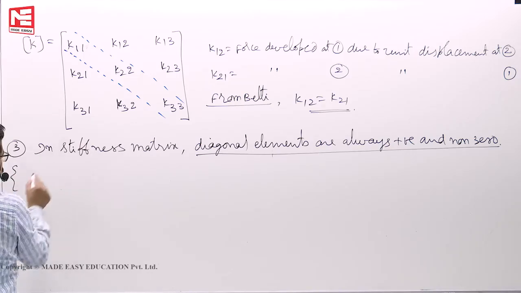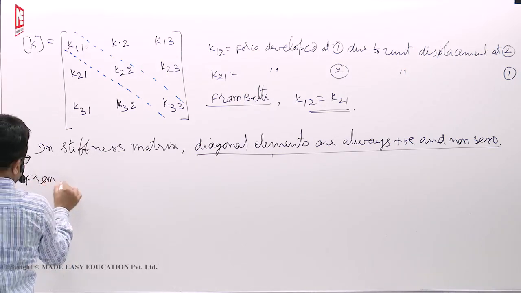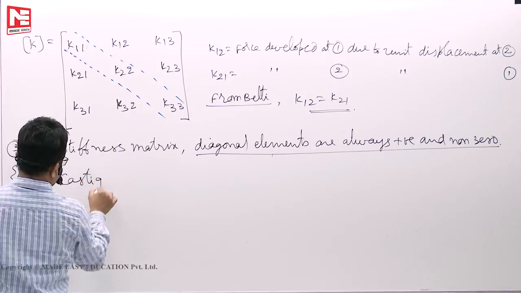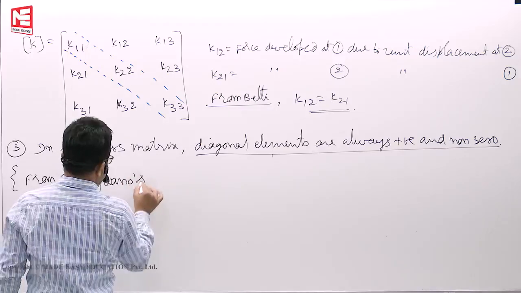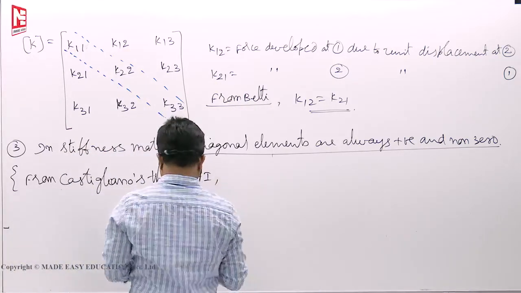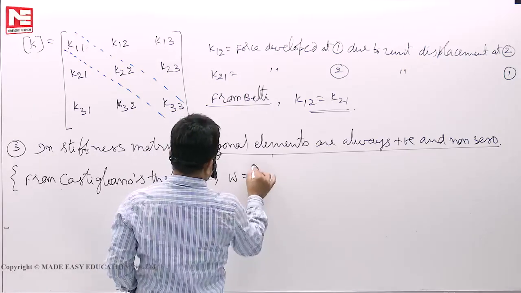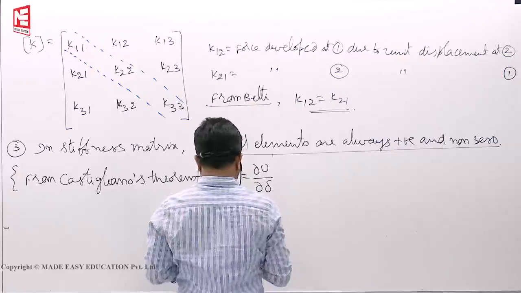Why like that? This is what you have learned from Castigliano. This is again Castigliano's theorem. I am just giving you the reason why they have to be positive and non-zero. From Castigliano's theorem 1, W is equal to ∂U by ∂delta. This is what I have given in the earlier chapters.